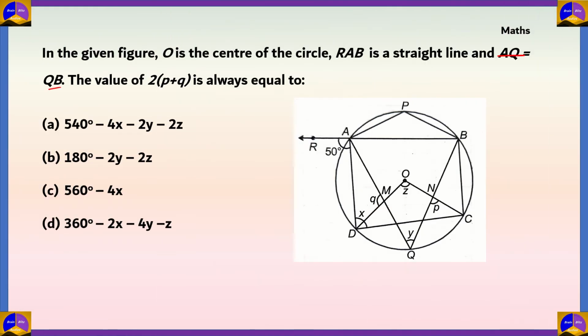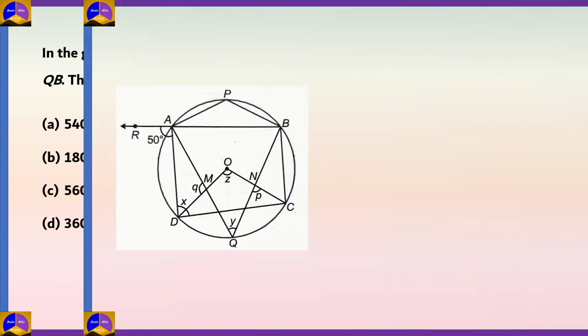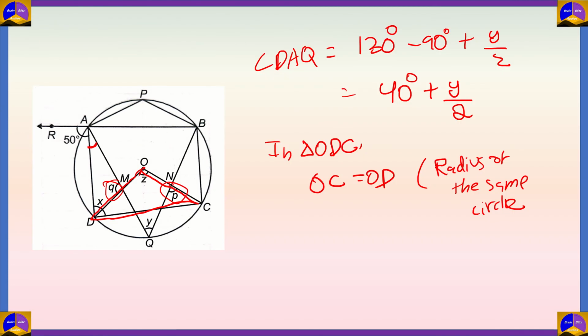Now in the question we were given that O is the center of the circle. So that means OC and OD are the radii of the circle, and all the radii of a circle are equal. So that means OC is equal to OD.